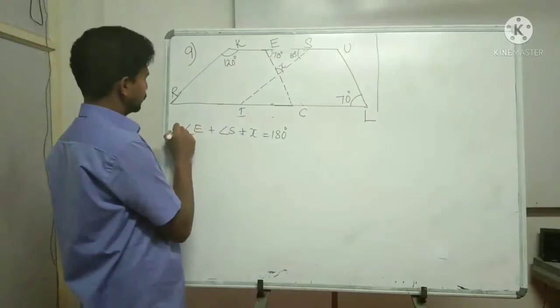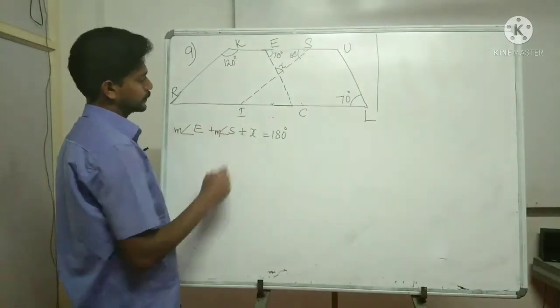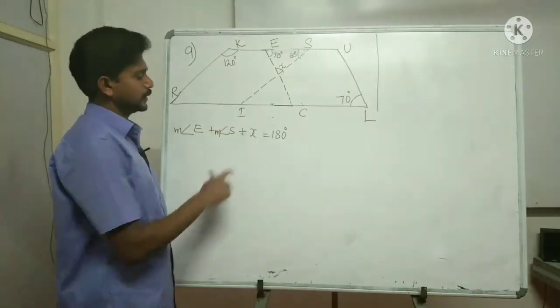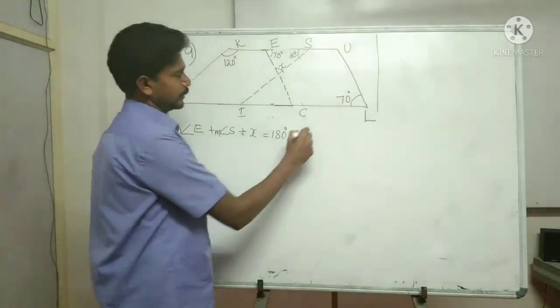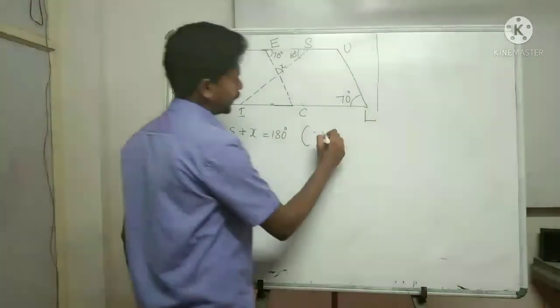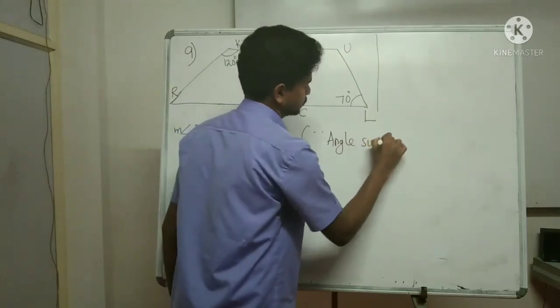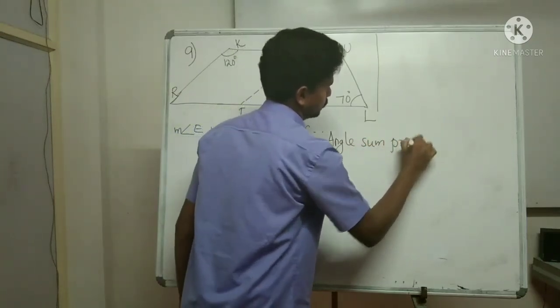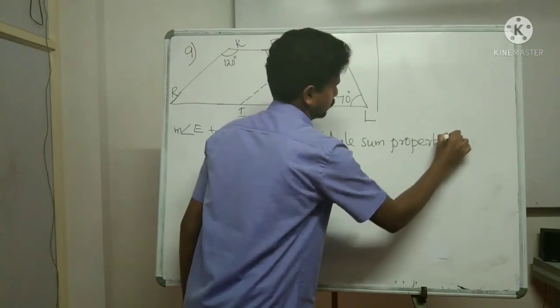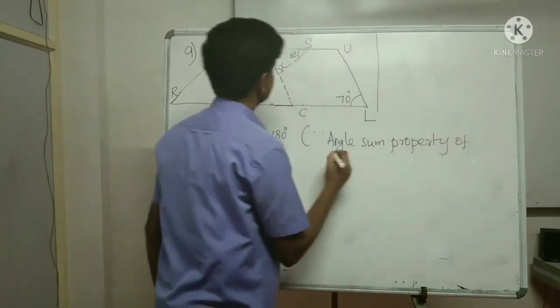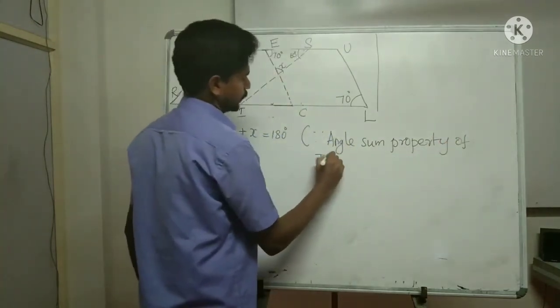The measure of angle E plus measure of angle S plus x is equal to 180 degree. Reason is angle sum property of triangle.